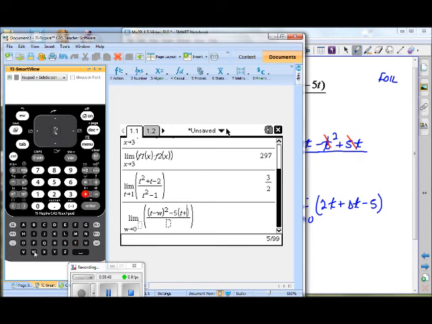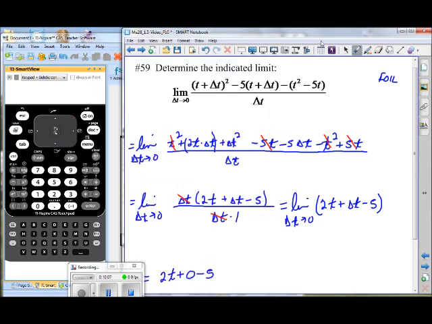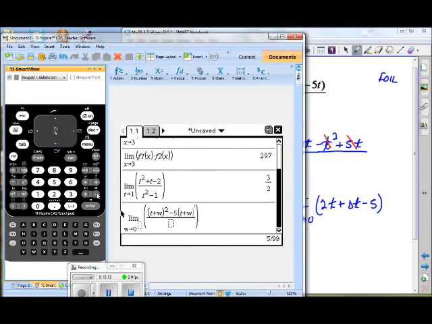T plus w. This should be t plus w there. Okay. So t plus w quantity squared minus 5 times t plus w, and then we have minus t squared minus 5t. All of that divided by w.